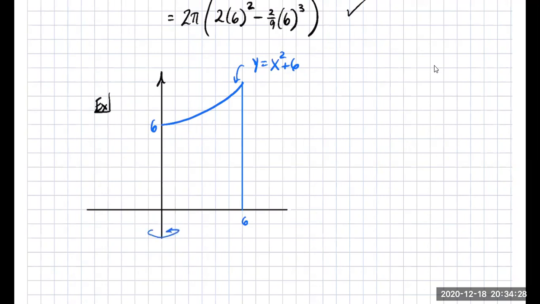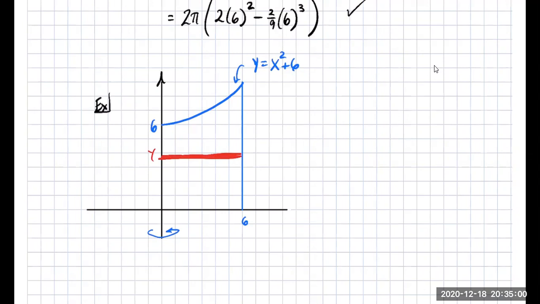Suppose that we decided we were going to try the disk method. That would require that our differential rectangle be perpendicular to the axis of revolution, in this case, the y-axis. So again, here's what that would look like. Somewhere between the 0 and the 6, say maybe here, there would be your very thin rectangle.